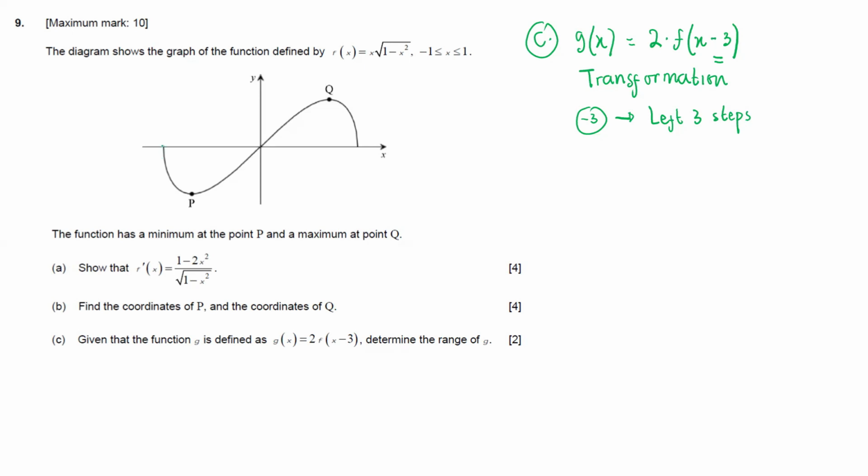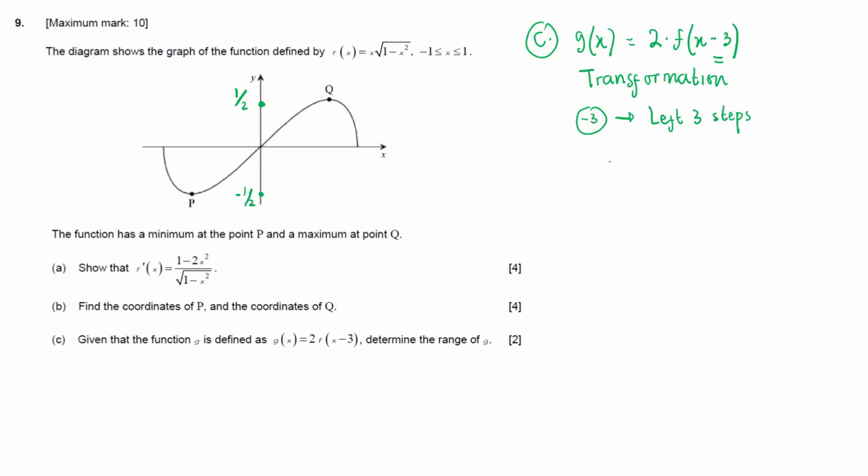So first thing first, let's talk about the range. We will start from the range of f(x), which is from half all the way to negative half. Now, if we move it to the left 3 steps, does the y change? No, it doesn't. So the range will stay the same right there.